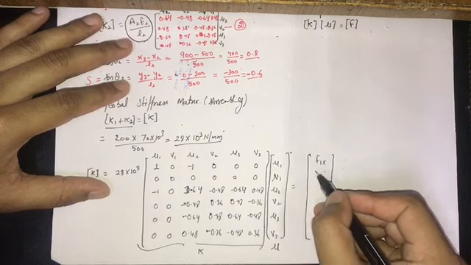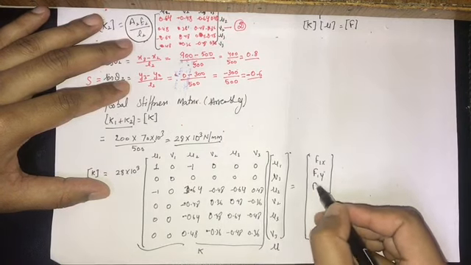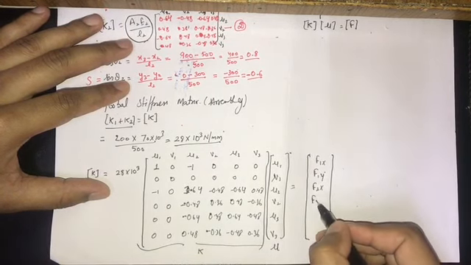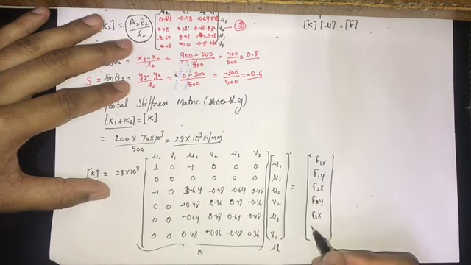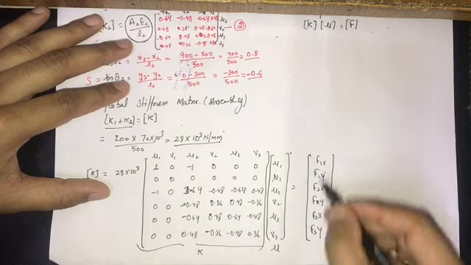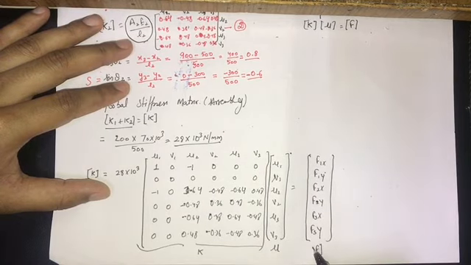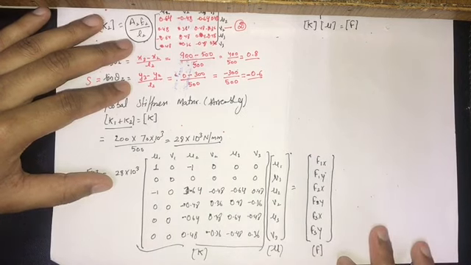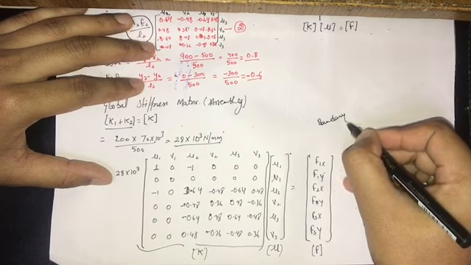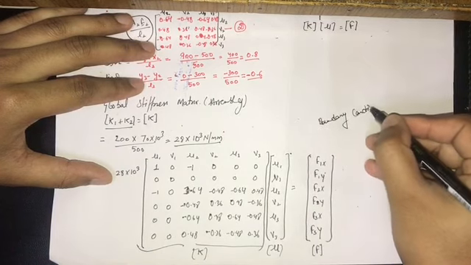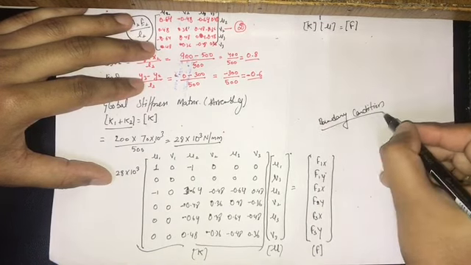Okay, F1x, F1y, F2x, F2y, F3x, F3y. So these are the forces. So now the boundary conditions. So what are the boundary conditions for this problem?